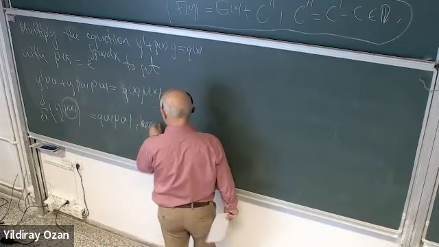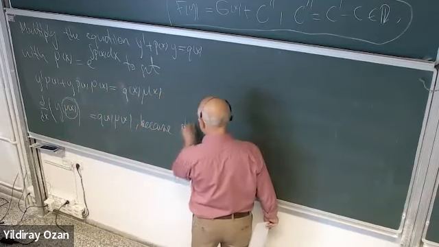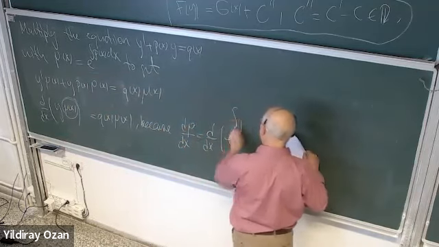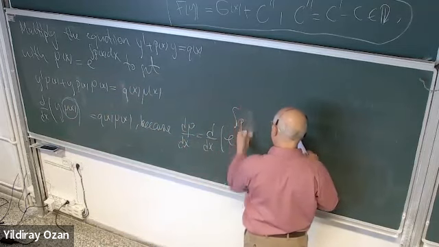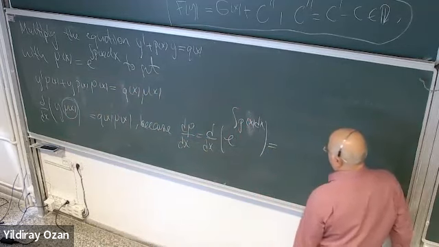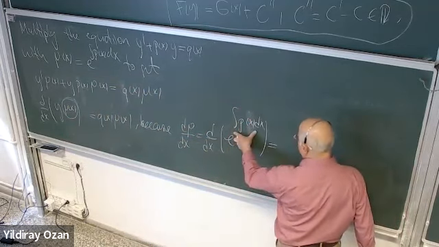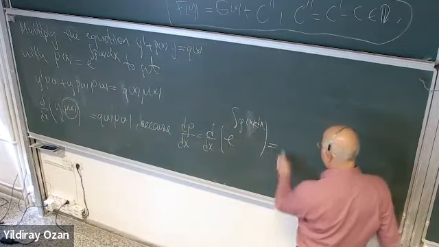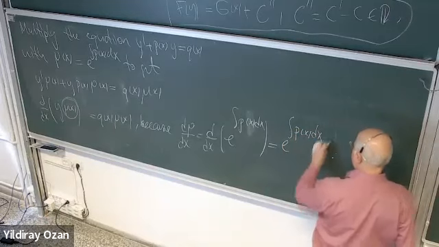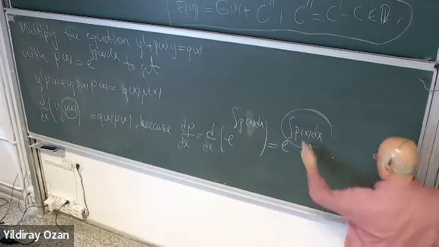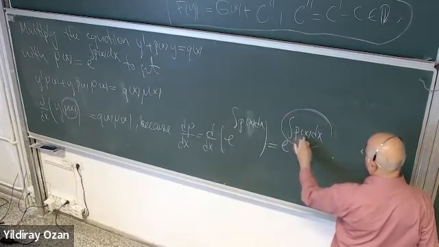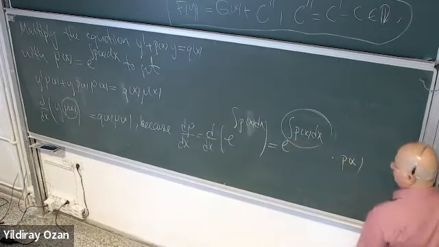The derivative of e to the power integral of p(x) dx: e to the power something, its derivative is e to the power something, the same thing, times the derivative of this gadget. But this is just the antiderivative of p(x), so its derivative is just p(x), okay?